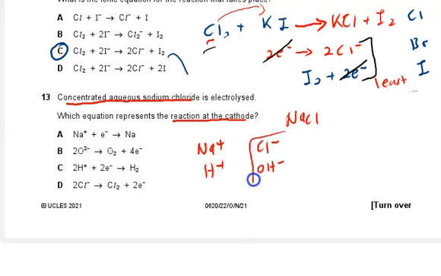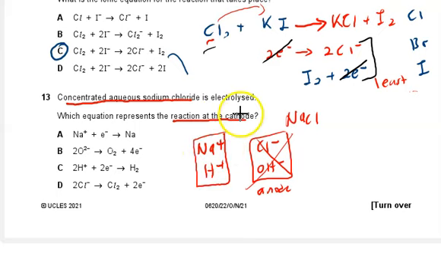So this one will be at the anode, so we don't have to care about this. And here at the cathode, they will follow the electrochemical series, so the one which will give hydrogen will be selected. Okay, hydrogen will be selected, so your answer is definitely going to be C.